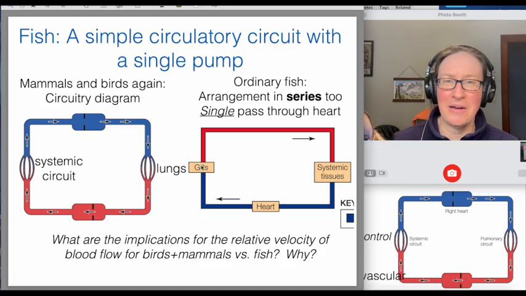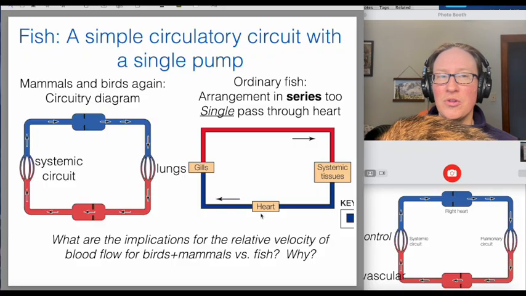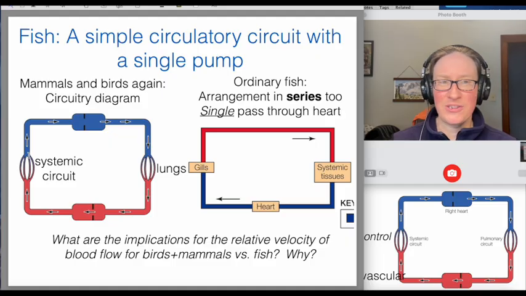Then it has to come back together, travel to the systemic tissues, pass through a second microcapillary bed before it makes its way back to the heart. If you think back to the velocity of blood in birds and mammals, it slows at capillary beds because there's this sudden large cross-sectional area to traverse across.